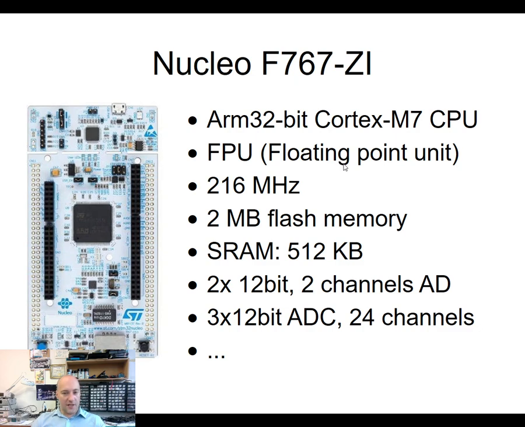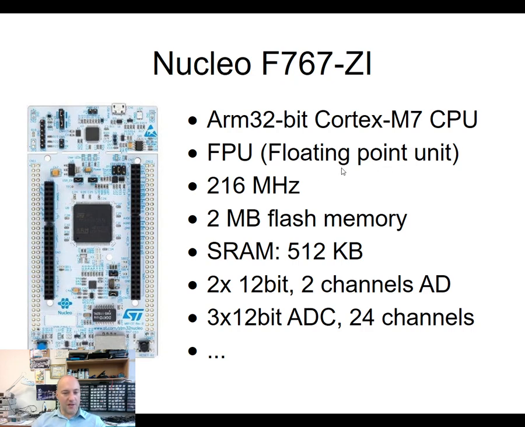Now if this would not have the floating point unit, you could still work with floats in C, but in that case the mathematical operations would be transferred to integers, then they will be performed, and then they will be transferred back to floats. So this means that if you have the floating point unit, your floating operations such as addition, or subtraction, or multiplication, they are much faster than without the floating point unit.